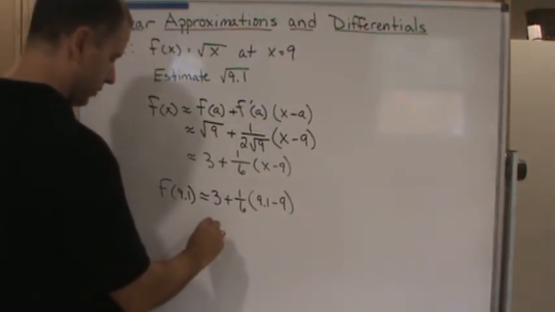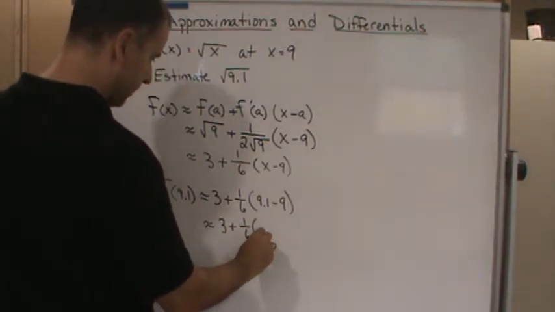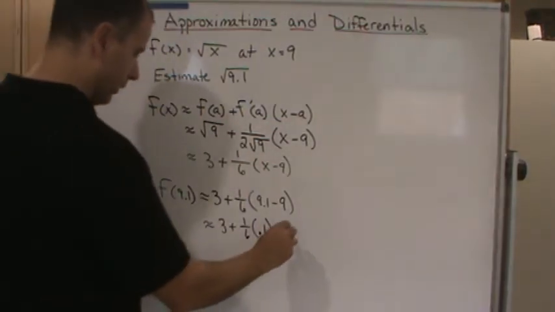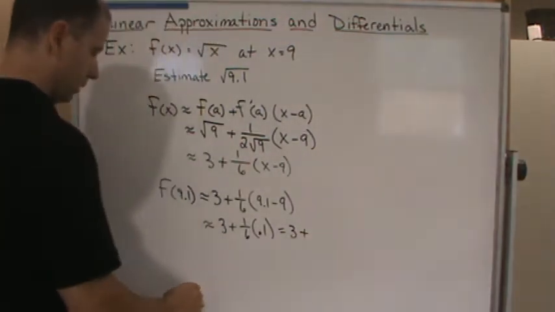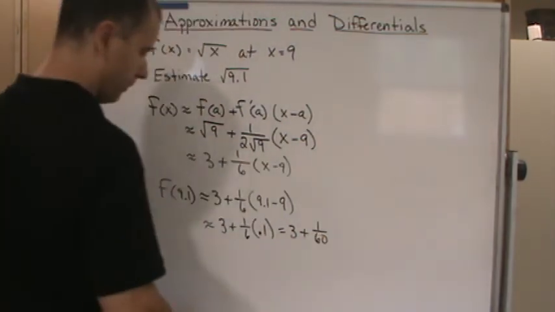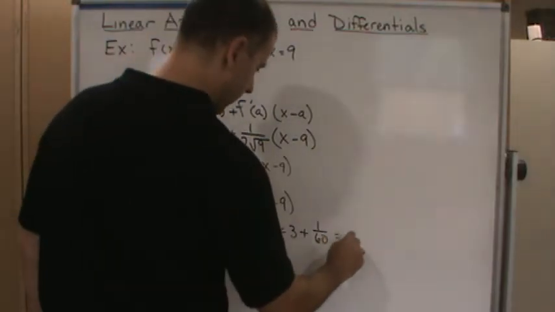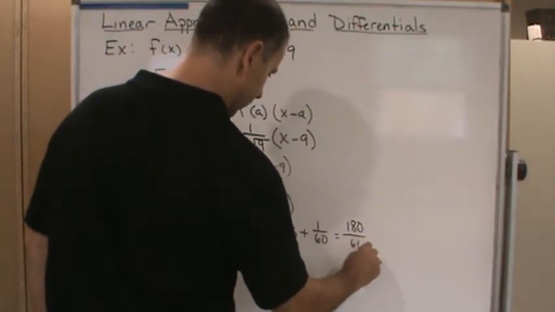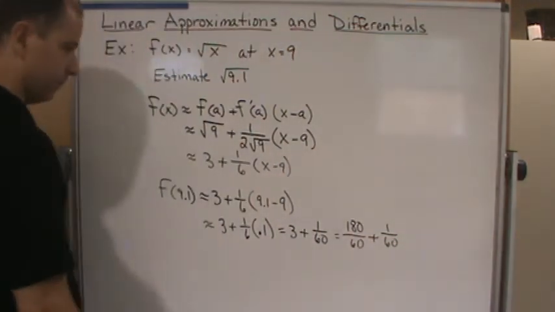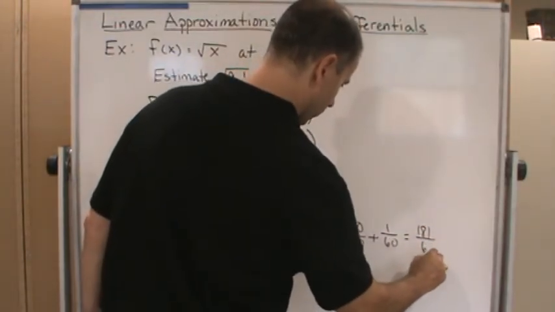This is approximately equal to 3 plus 1/6 times 0.1, which is 3 plus 1/60, which is 180 over 60 plus 1 over 60, which gives us 181 over 60.